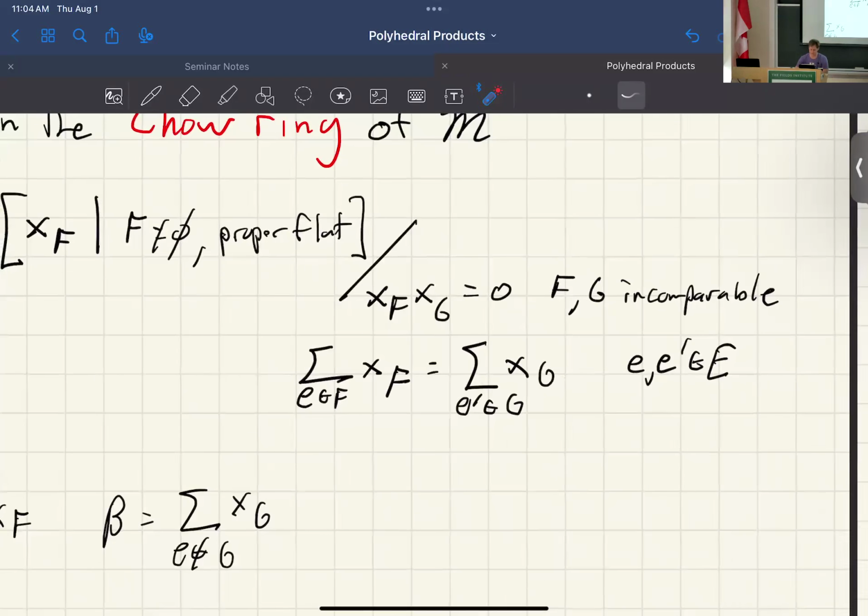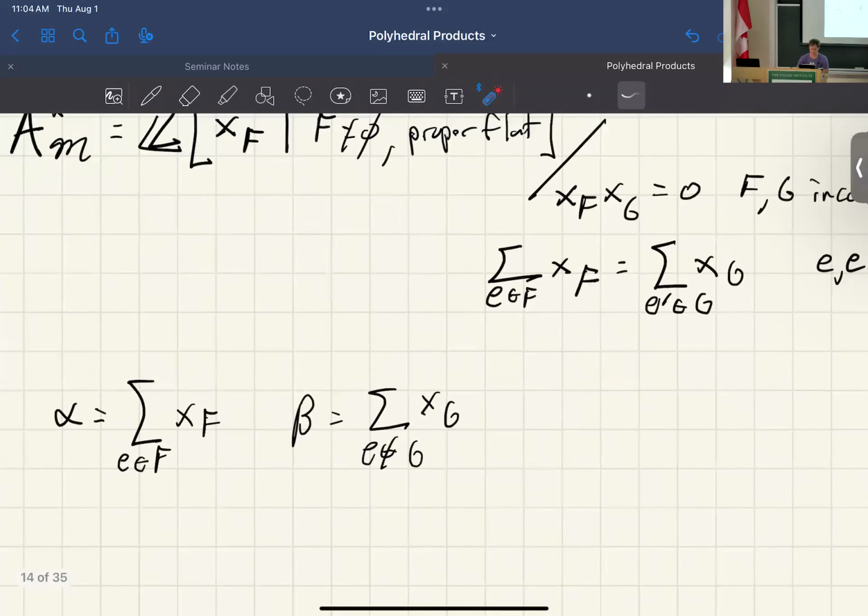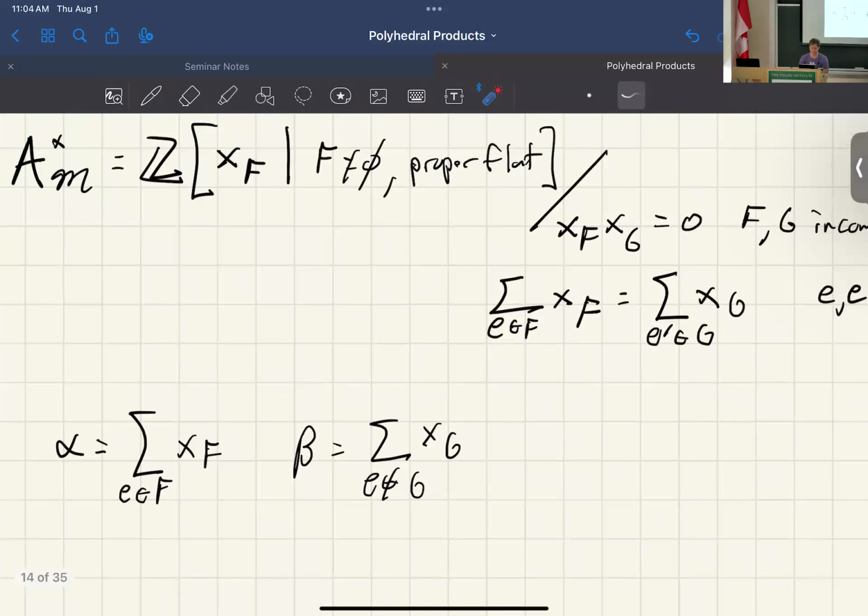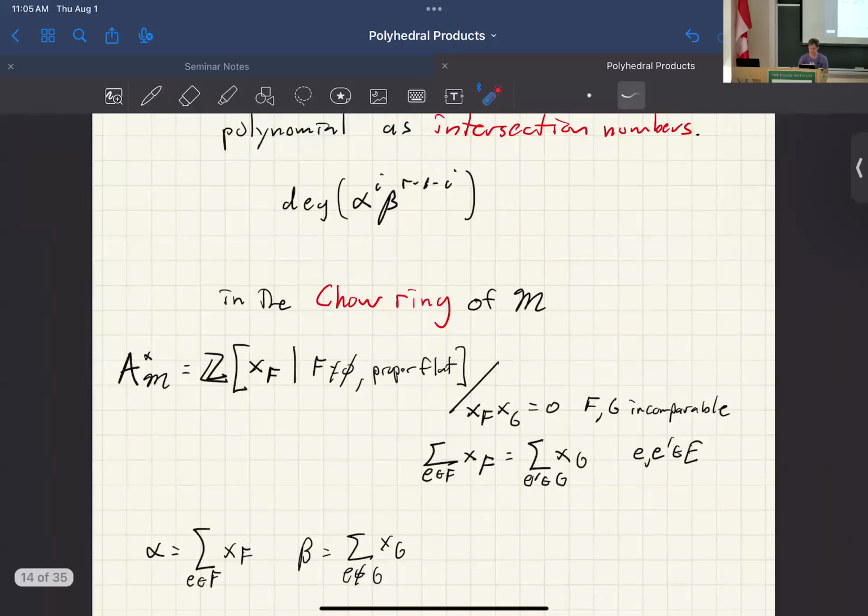The uniquely defined element that you get by picking any element and doing this is called alpha. And the complementary element, the one that you get by summing all the flats and removing alpha, is called beta. These are the two classes whose degrees of various powers realize the coefficients of the reduced non-sign characteristic polynomial.